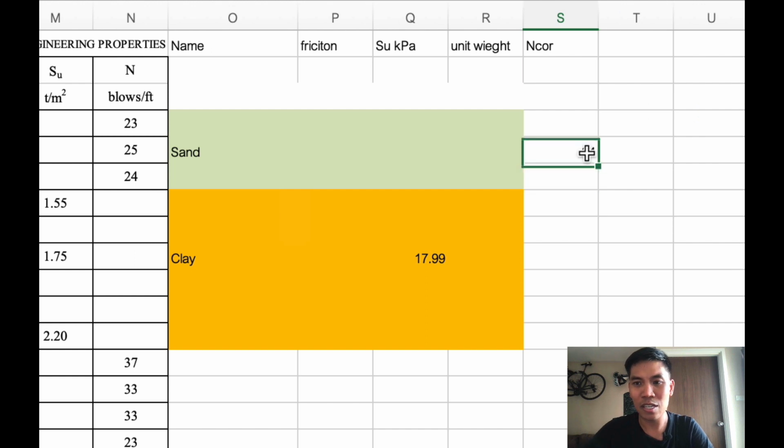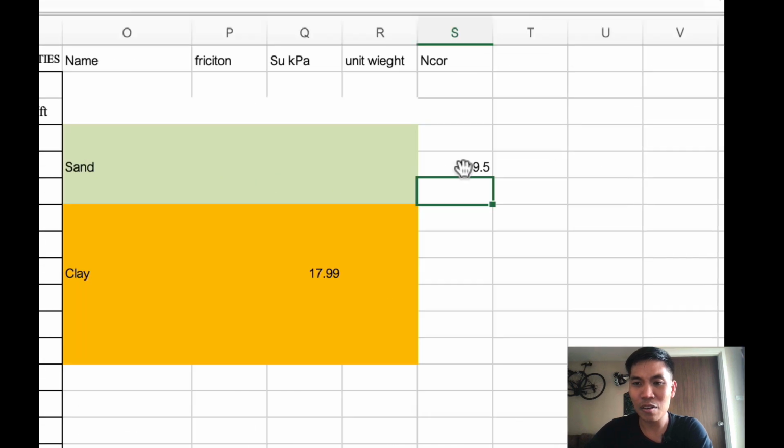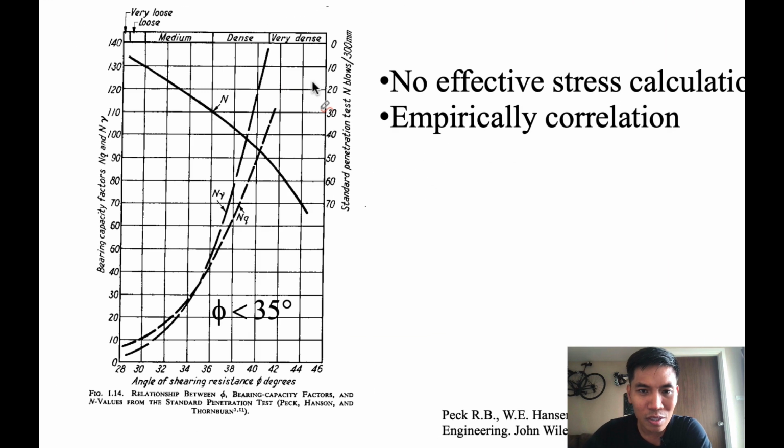Okay, this one is an average, so we have to make the correction. How can we make the correction? This one minus 15, I think you can remember, minus 15 over 2 plus 15. So the N correct here is about 19.5.